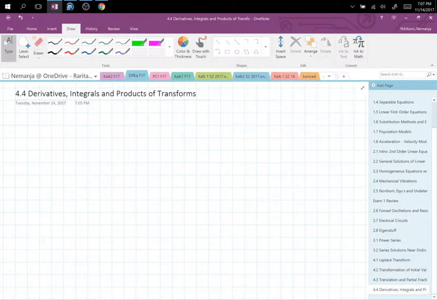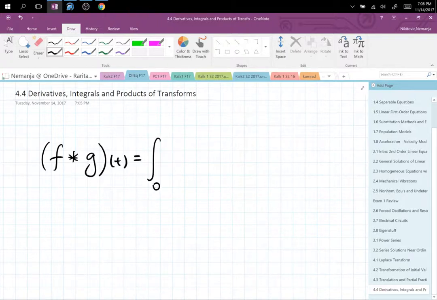This is a definition. So if you ask me, what is that? It's exactly what the definition says. The convolution of two functions f and g, piecewise continuous functions, is defined for all t larger than 0. The convolution of f with g of t is given as the integral from 0 to t of f of tau times g of t minus tau d tau.